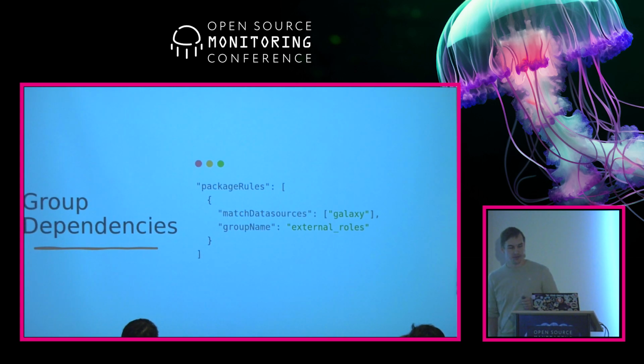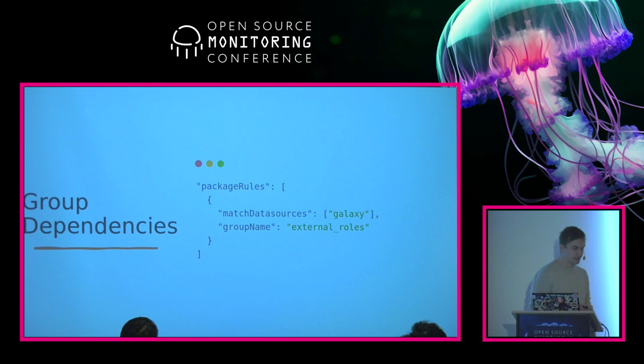You also have a nice feature called group dependencies, and with this configuration, you can tell Renovate that it should group dependencies into one or more groups. For example, you can say that all updates that come from Ansible Galaxy will be merged into one group called external roles in this case.